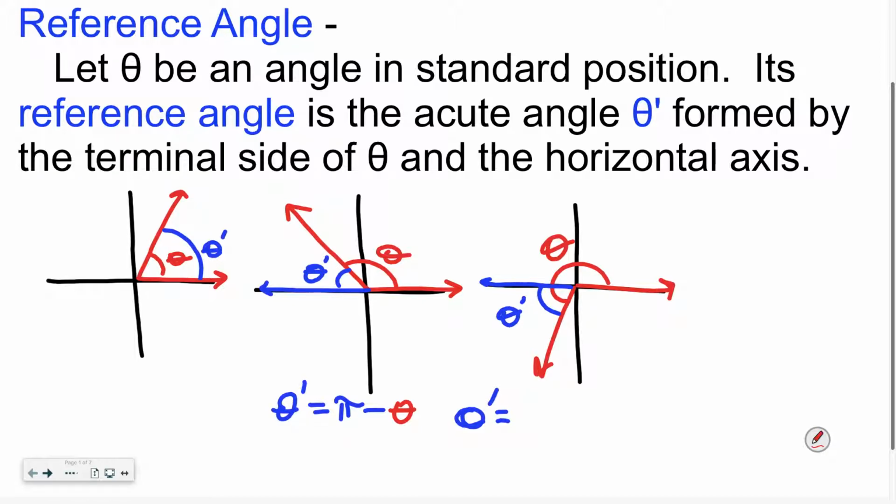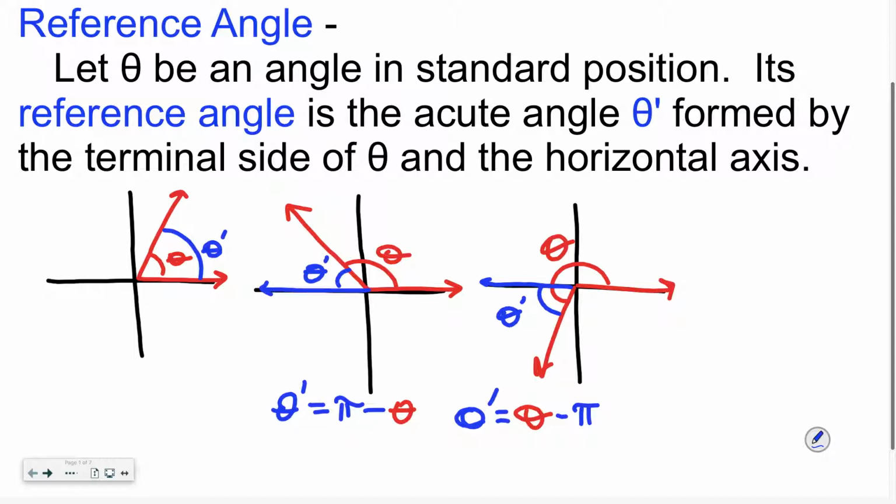If we don't know what the reference angle is, it's the original angle minus pi. Our original angle is bigger, right? And if we subtract out pi, we're left with this reference angle. That's the only time that you're going to do the original angle first, because we're more than pi.